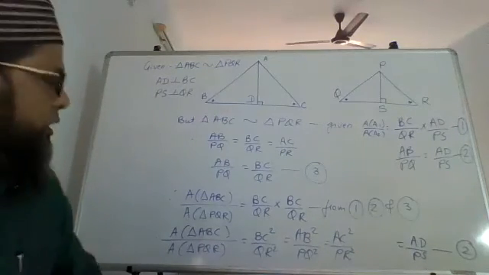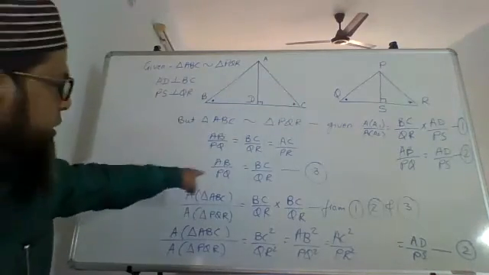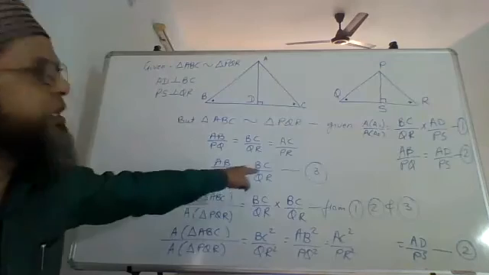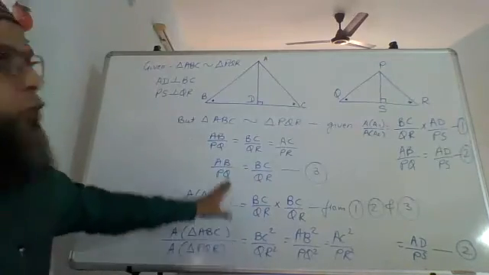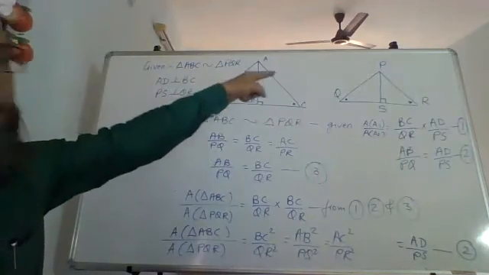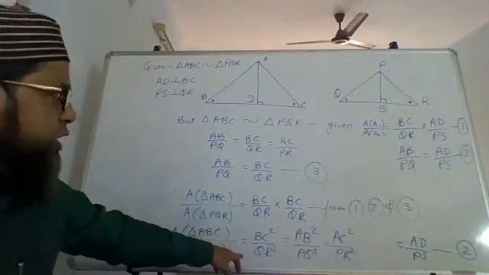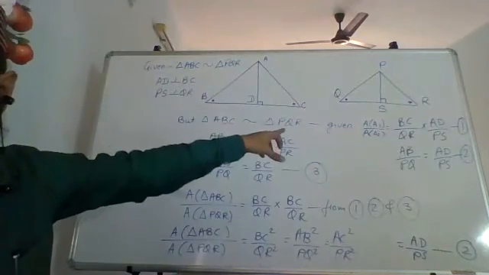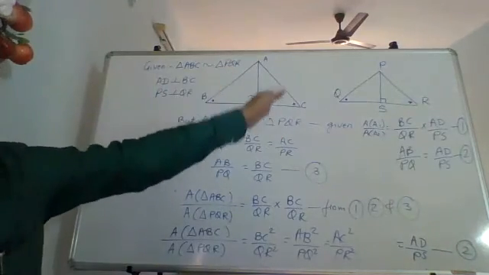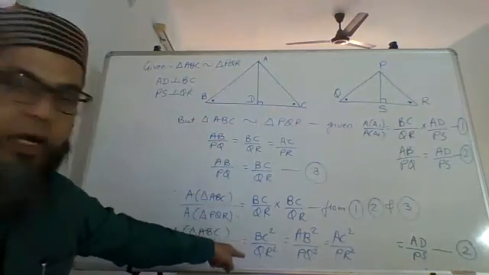Even if you have the perimeter of one triangle and the perimeter of the other triangle, the ratio of areas will be the ratio of their perimeters. Supposing you just have AD and PS, you can still say AD square upon PS square. Perpendicular squares will also work, not only side squares. If the median is given for both triangles, median square can also be used over here.